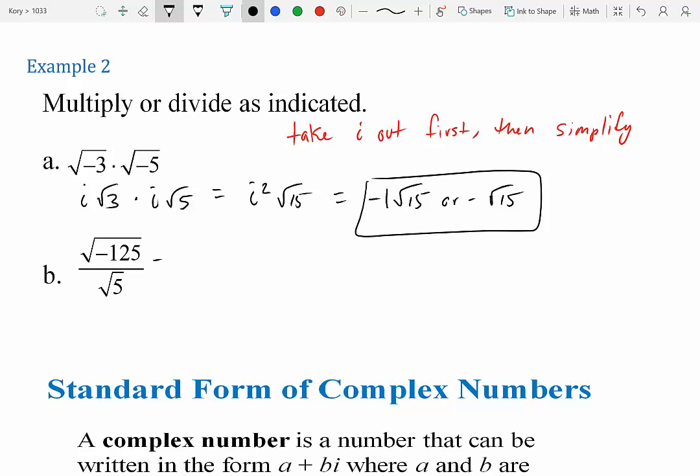Again, we need to take the i out first, so we have i times the square root of 125 over the square root of 5. We can cancel out 5 and 125 because they have 5 in common. So we're left with the square root of 25, which is 5, and then we still have that i left over.